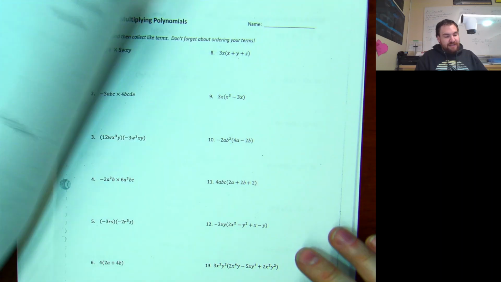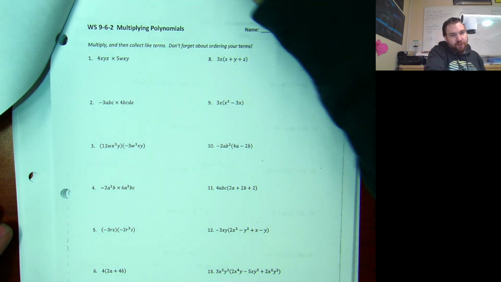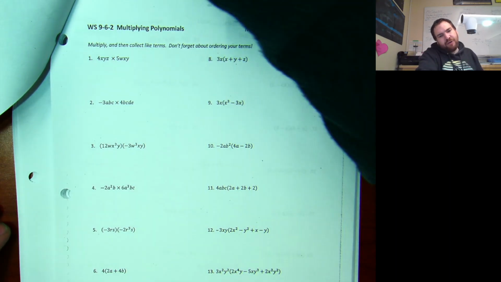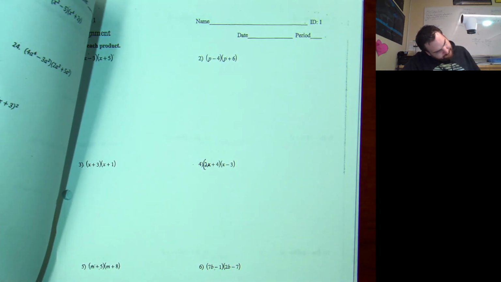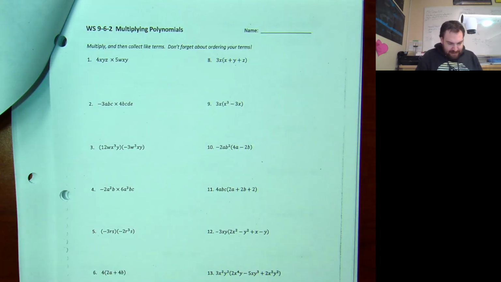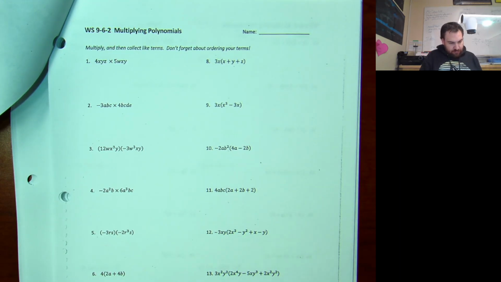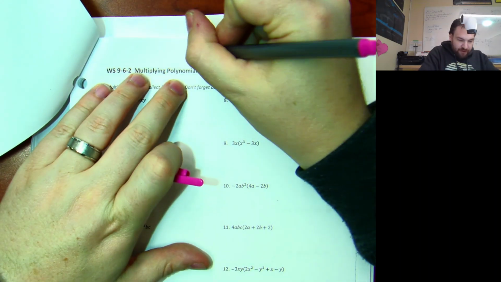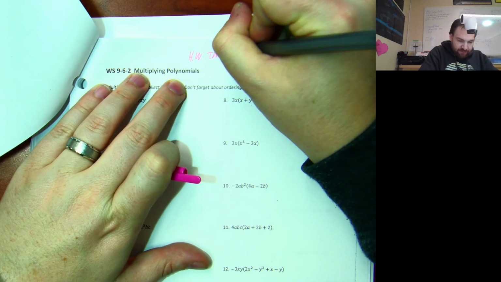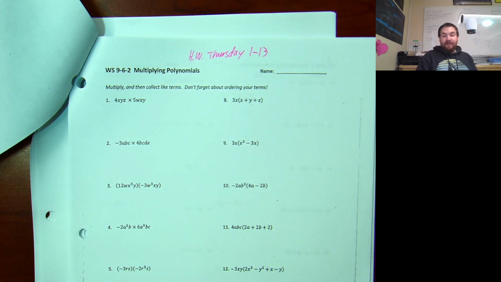And then I want you to flip ahead to this page here, Multiplying polynomials. I want you to do 1 to 13. That's it. But this is homework for Thursday. We'll look at binomial and bigger multiplication tomorrow when we've got a little bit more time.